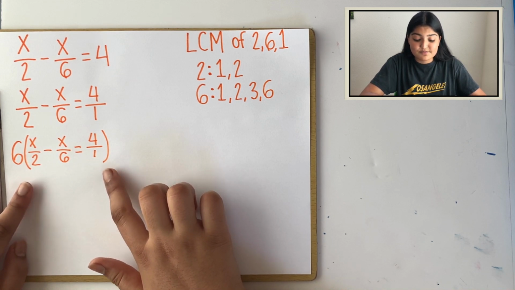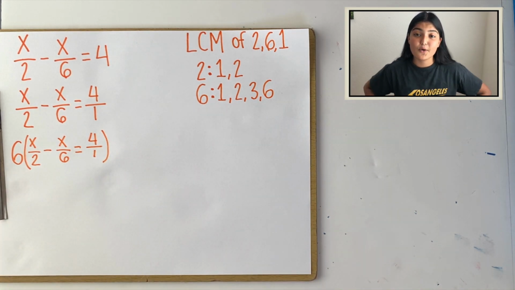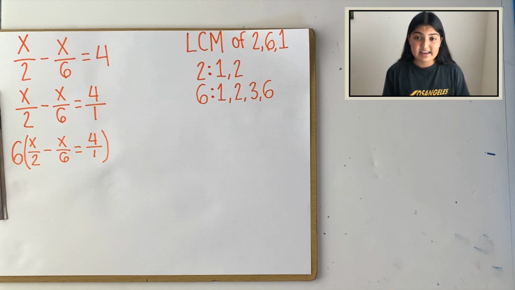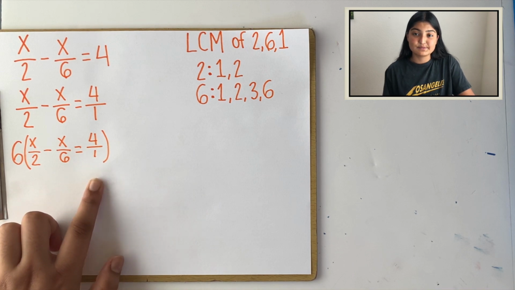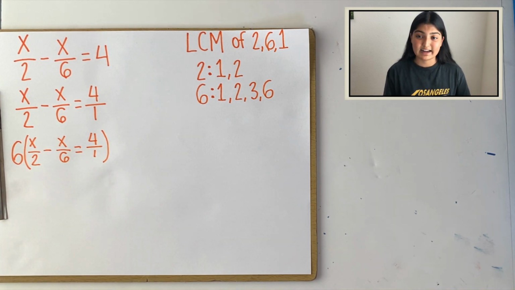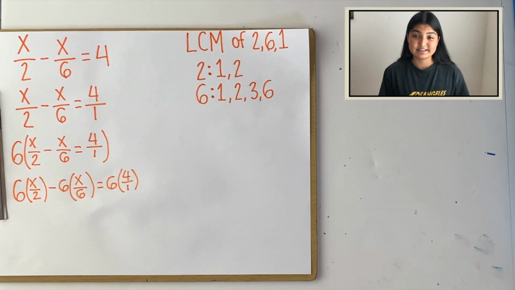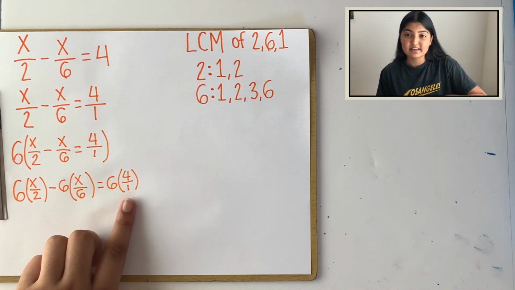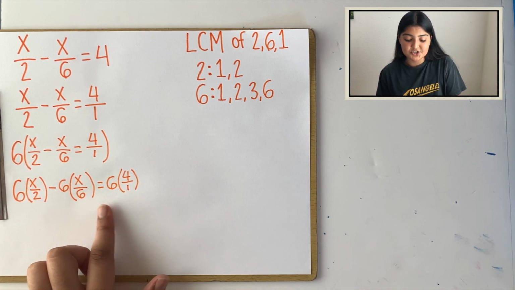So remember to use your parentheses. Now, we can use the distributive property and distribute 6 to each of these terms. So let's write that out. As you can see, I distributed 6 to each of these terms, and I used parentheses around each term.